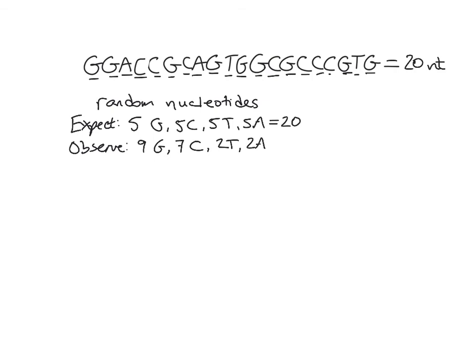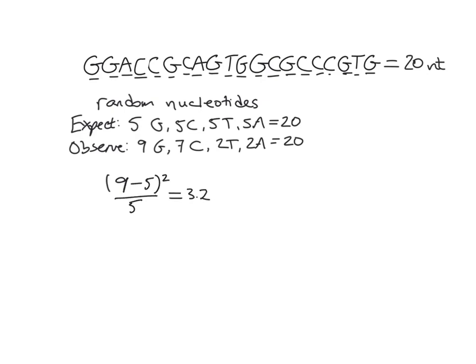And then double check to make sure that all those also add up to 20. And then we can set up our chi-square analysis with, I'll just do one example with G. Observed minus expected squared over expected. And that equals 3.2.